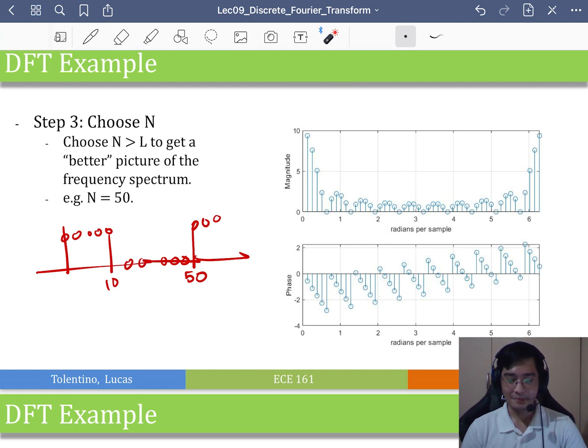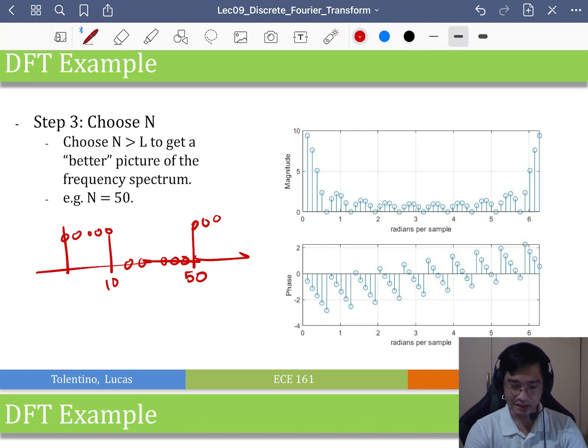So that is now the shape of our spectrum. Now, for example, a while ago we chose n is 10. N is 10 samples. So from the continuous spectrum, we choose 10 samples. So you should notice that we choose, for example, this one, this one, 1, 2, 3, 4, 5, 6, 7, 8, 9, 10.